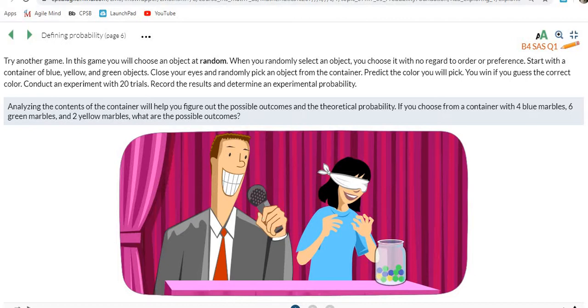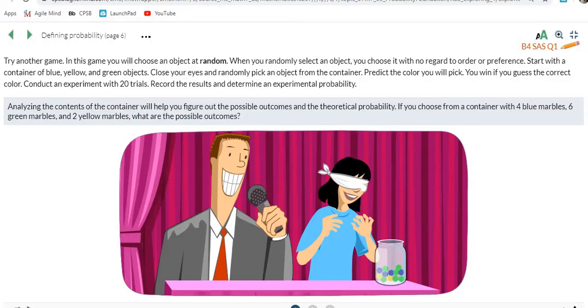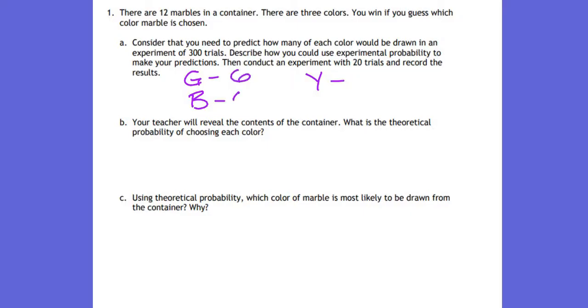All right, so you have some predictions down. Hopefully you used some math or logic to come up with your numbers. I'm going to use this spot just to record how many there were of each in my small jar. How many green were there? 6. And blue there was 4. And then 2.